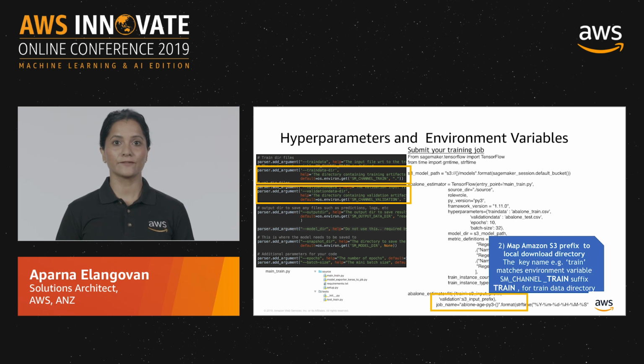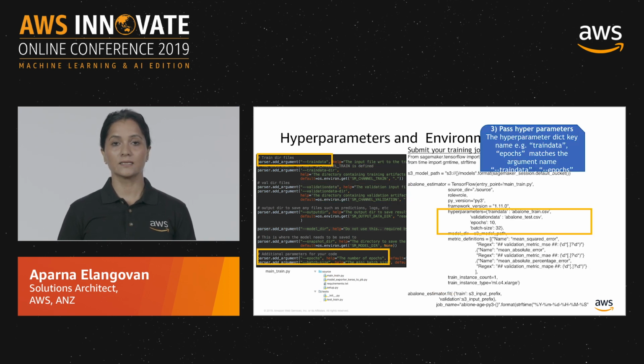Next, you want to specify any hyperparameters for your training job, such as the batch size or the number of epochs. And this is how you do it. You pass them as hyperparameters, and the names of the arguments you have in your code match the name of the hyperparameter dictionary key. For example, the name epochs here matches the name epochs here.